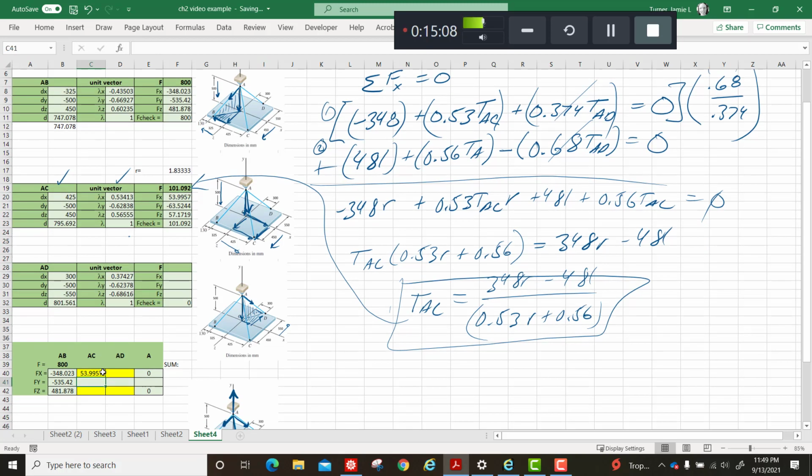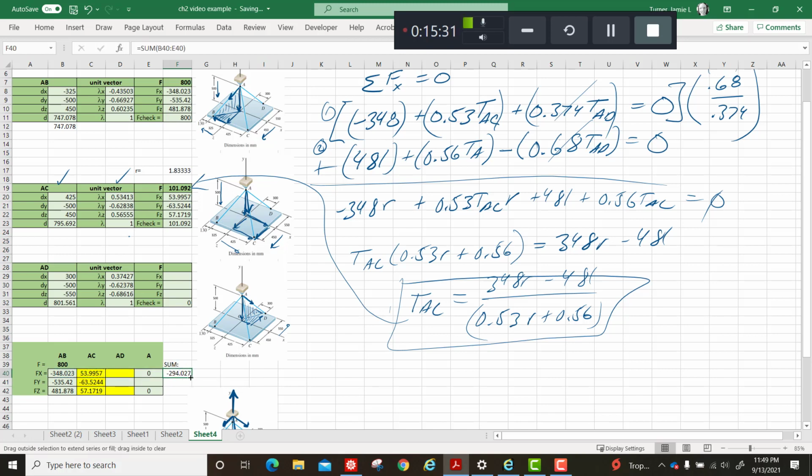Okay, so now we have our AC, which means that we can get our AD really easily, right? We want to make sure that all of these are going to add to 0 at the end.